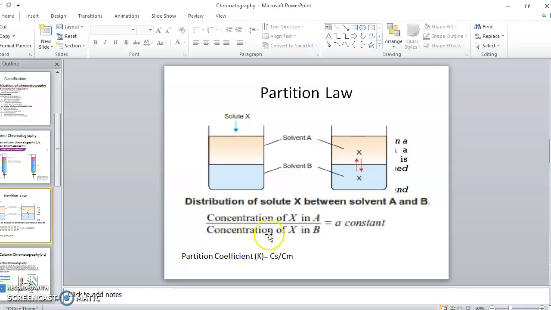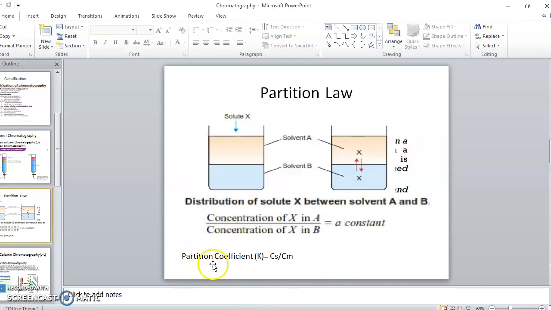In a very simple manner, the two immiscible solvents are in mutual contact with each other. Whenever a solute X is common to both solvents, the solute which is initially present in one of the solvents will get partitioned or distributed in both solvents, and the ratio of their concentrations will be a constant.